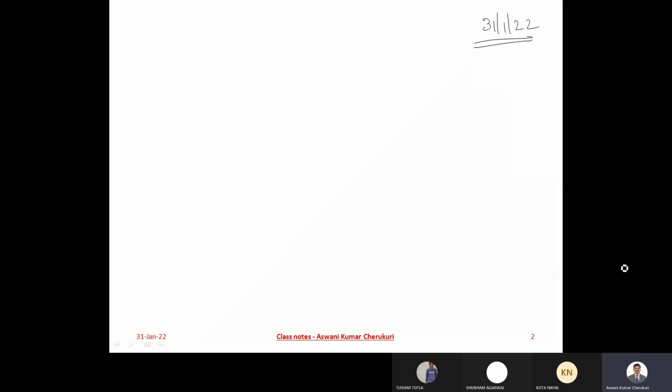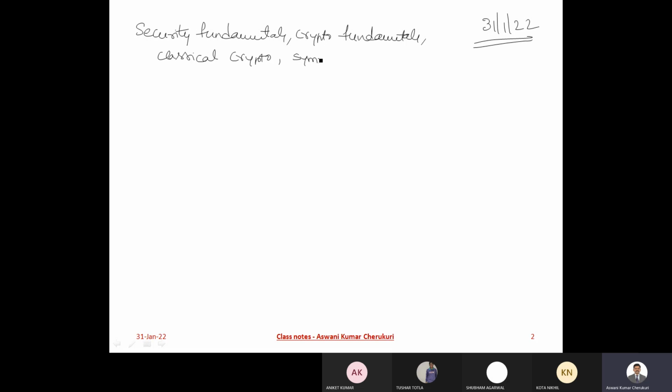So far in the network and information security class, we have discussed the security fundamentals, then also cryptography fundamentals, then we have seen classical cryptography, then we have seen symmetric encryption techniques.